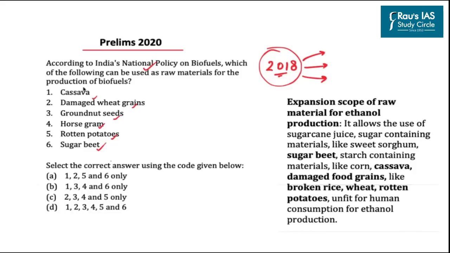And so cassava, damaged wheat grains, rotten potatoes and sugar beet have been given in the Prelims Test Series question explanation, which makes the right answer A, 1, 2, 5 and 6 only. So clearly, groundnut seeds and horse gram have not been included as raw materials to be utilized for biofuel production, and so the right answer was obviously A.